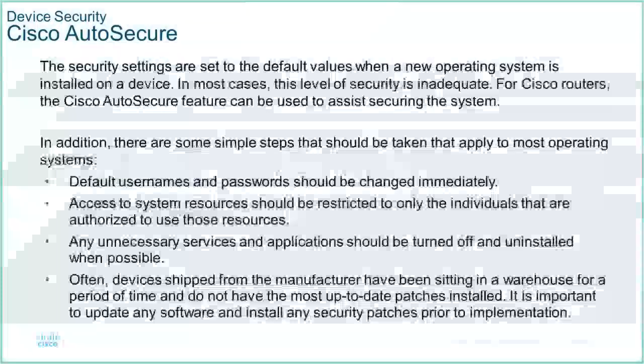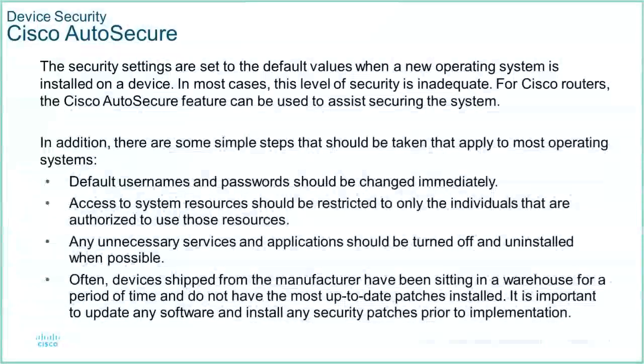Device security: Cisco has a feature called Auto Secure. This is an automated script that goes through and locks down your devices, through a whole series of steps such as changing default usernames and passwords, implementing password minimum lengths, turning off unnecessary services and applications.